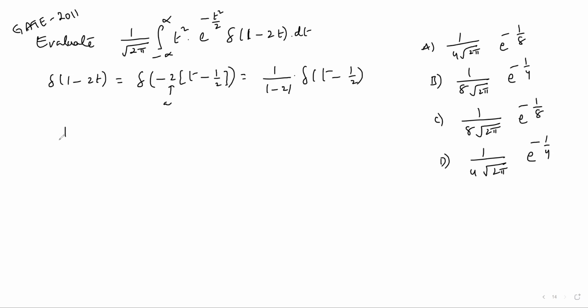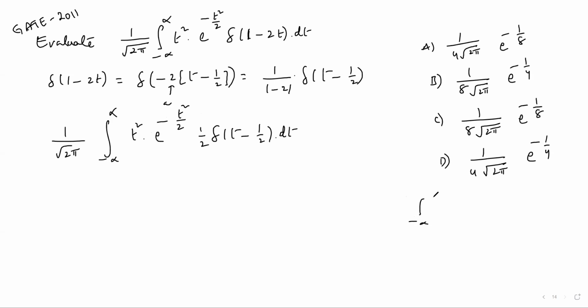So here we are rewriting the expression: 1 by root 2 pi integral from minus infinity to plus infinity t square e to the power of minus t square by 2, this function multiplied by 1 by 2 del of t minus 1 by 2 dt. This is the shifting property we can apply for this expression. Shifting property I'll rewrite here: integral from minus infinity to plus infinity of x of t, when it is multiplied with del of t minus t naught, you get the result x of t naught.